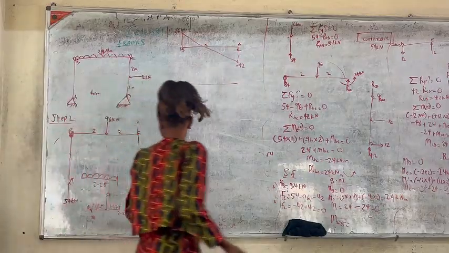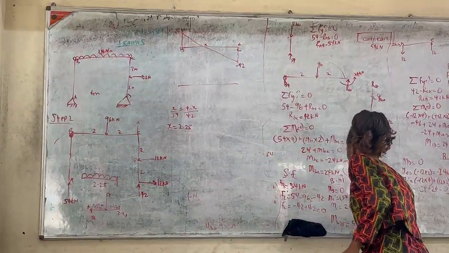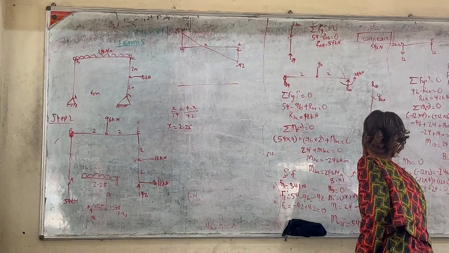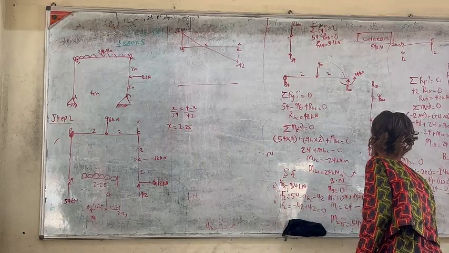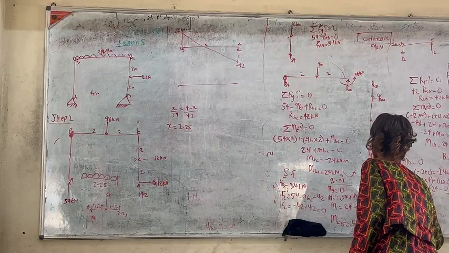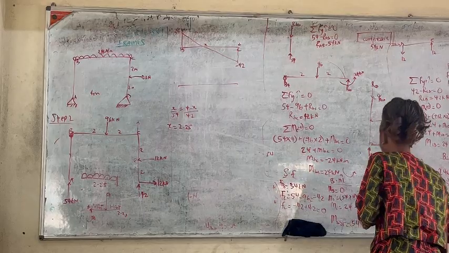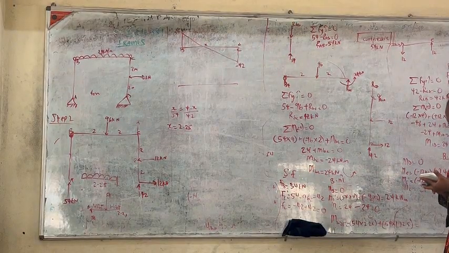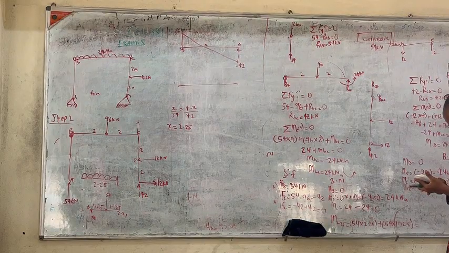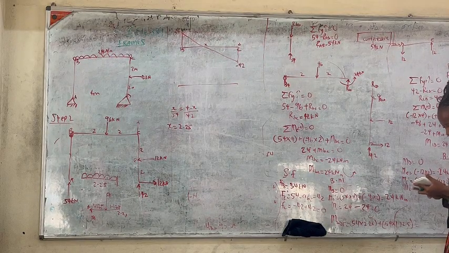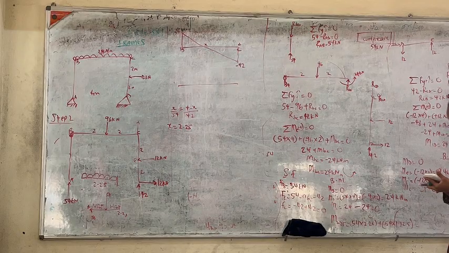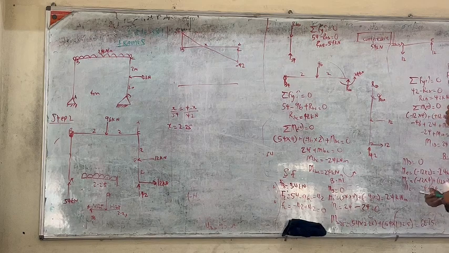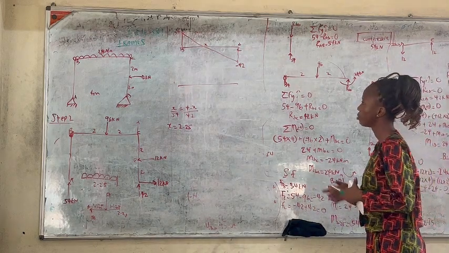So this is going to give us 54 times 2.25 plus negative 54 times 1.125. And that's going to give us 60.75.